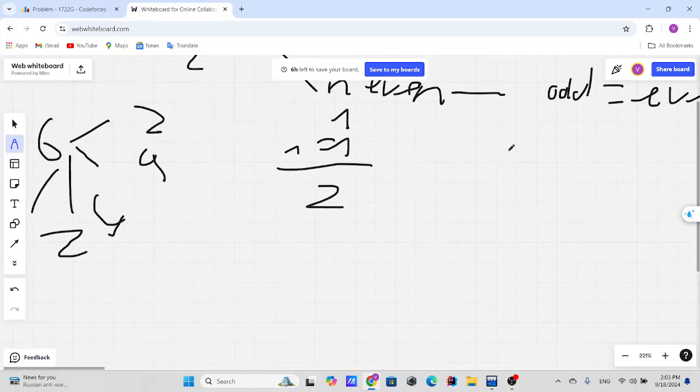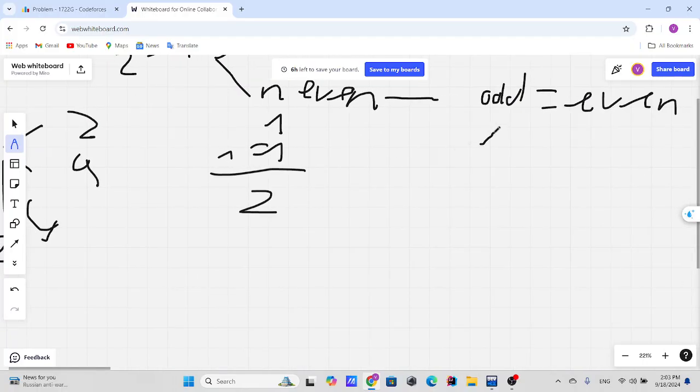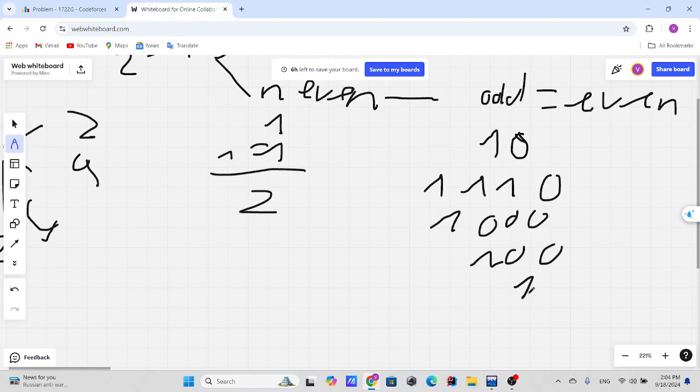How about four even numbers? Maybe a two first, and then we must eliminate all the remaining numbers. Might be this, and then this, and then this, and then this. This will be equal to 0 plus this, which would be 2.